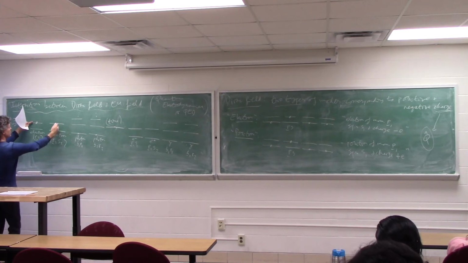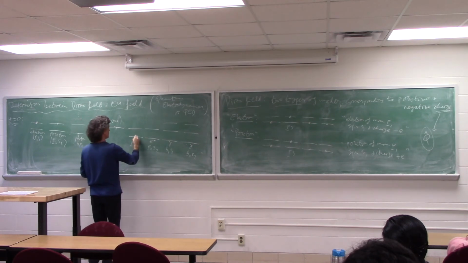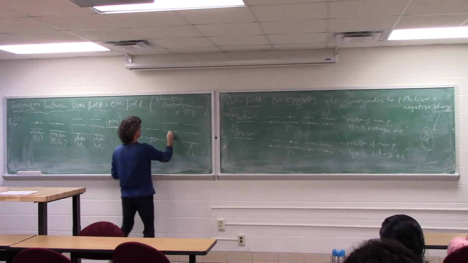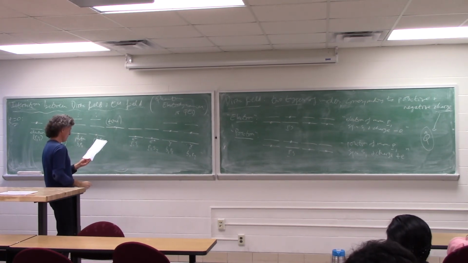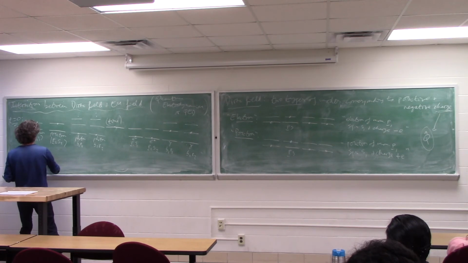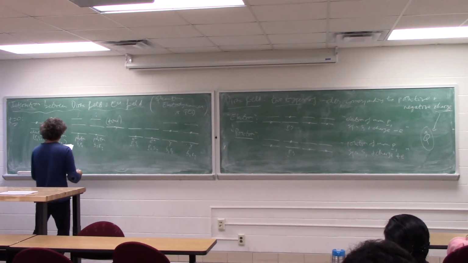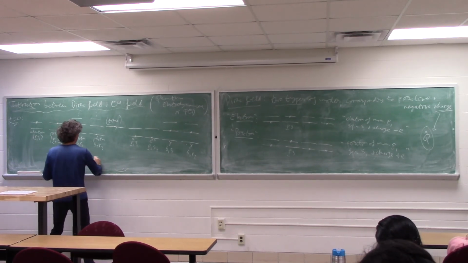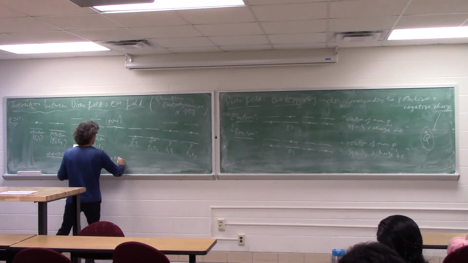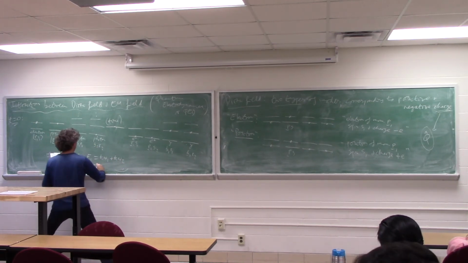What can happen is that these can drop into the ground state and these can become excited. And this can happen in perturbation theory. Of course, there are an infinite number of electromagnetic modes. Which ones can become excited? Well, the modes have to satisfy energy conservation and momentum conservation.